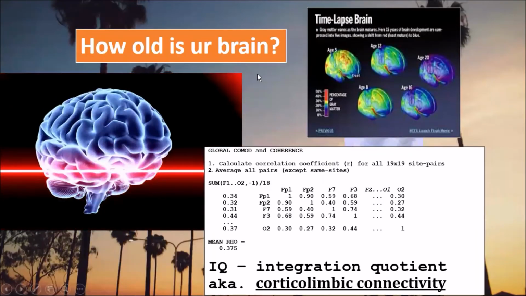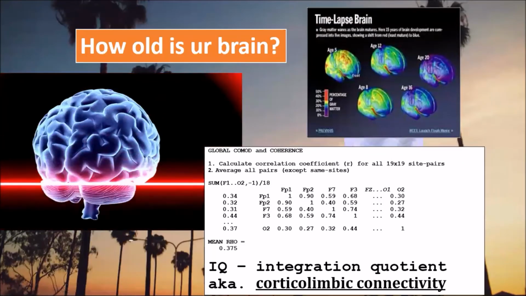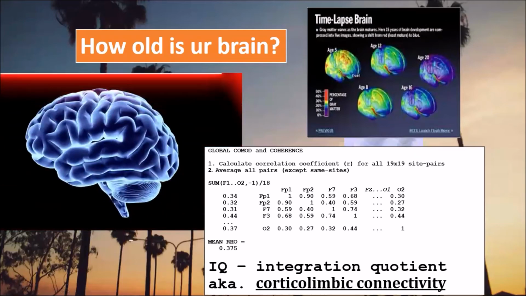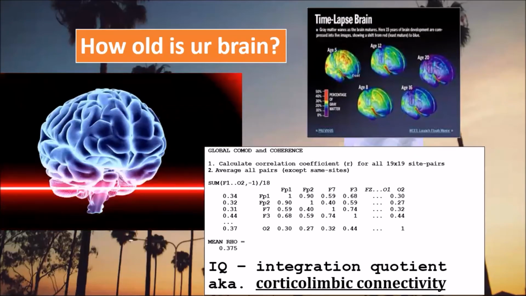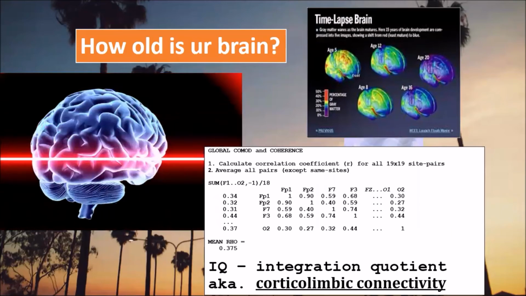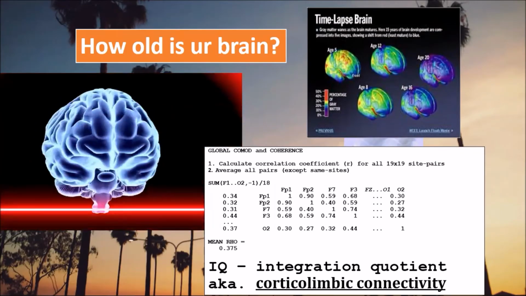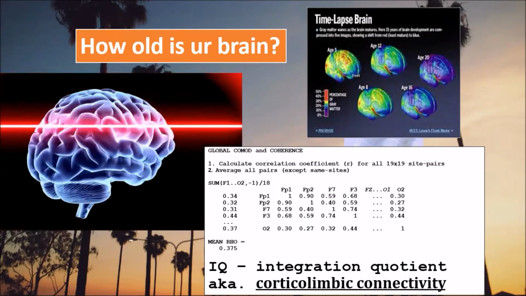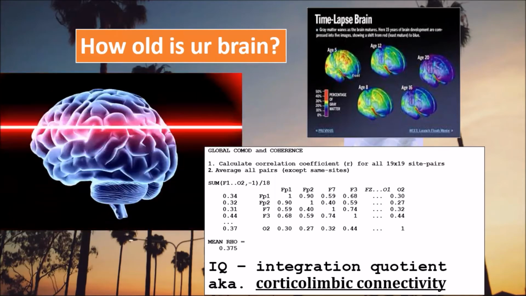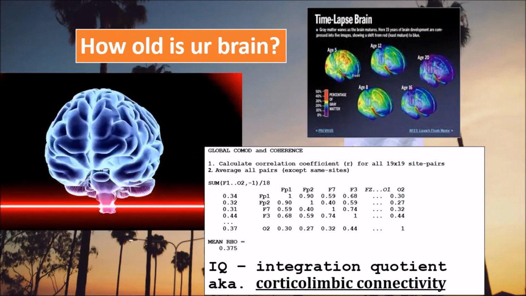Okay, now one of the ways to look at how aging affects us is looking at, in some sense, how old is your brain? And there are a number of ways to look at that. A very simple measure I created years ago in EEG was just looking at how connected it is, because we all start off with the cells all dispersed.